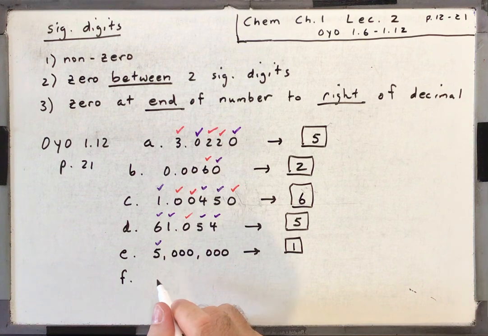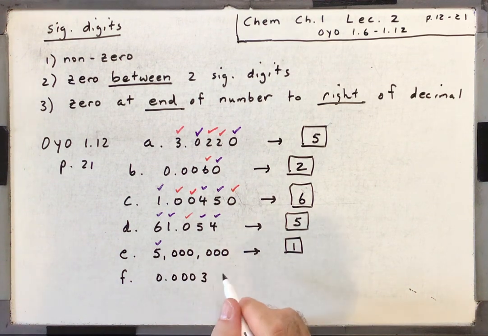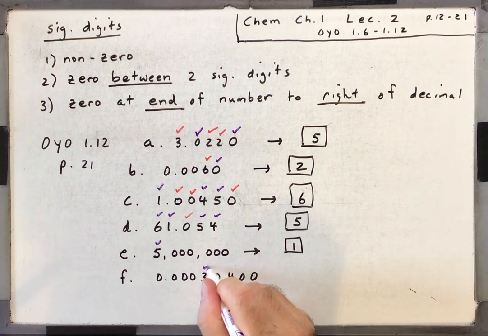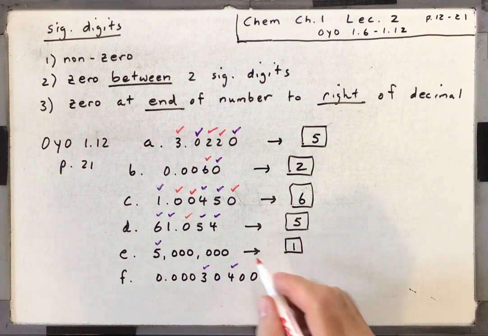All right, example F is, all right, this one will be fancy. 3 zeros, a 3, 2 zeros, a 4, and 2 zeros. Okay, let's do the easy ones first, the non-zeros. All right, how about all these zeros? Well, do we have a 0 to the right of the decimal at the end of the number?